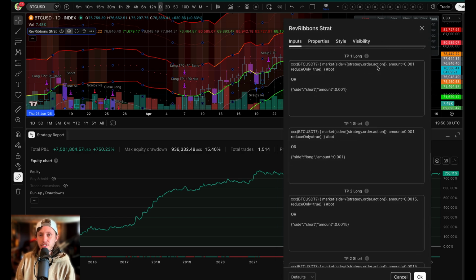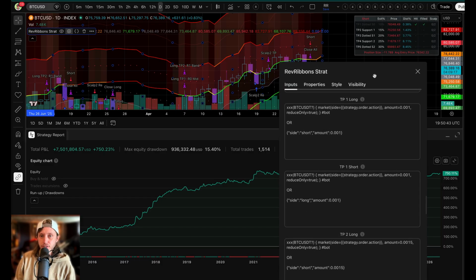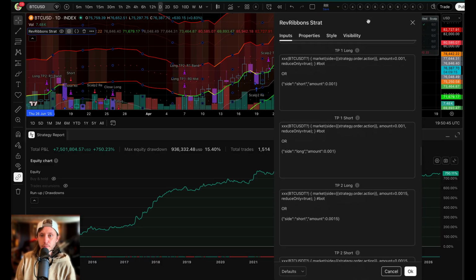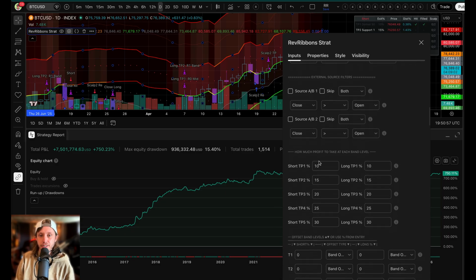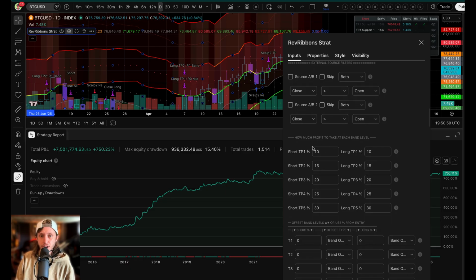So I find it best to do the math. And again, you can use an AI to do that. Say if you're trading one Bitcoin, it's pretty easy because if you want to take 10% of one, that's 0.1. But if you're trading half a Bitcoin or more or less, you're going to have to do the math to match up to whatever percentages you have in the take profit box, because this is just emulating the general idea.